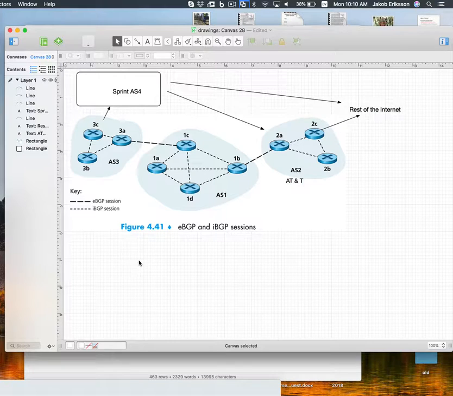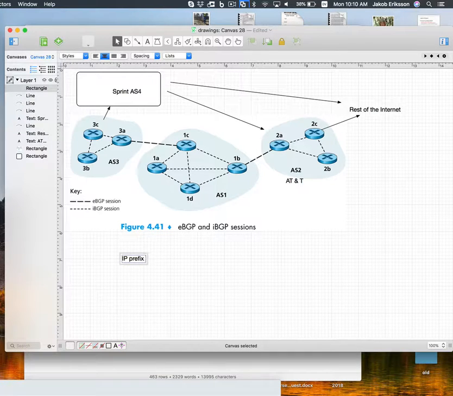So the route will look like this, right? Some IP prefix goes through AS2, AS4, AS3. Something like this is what is announced in BGP.